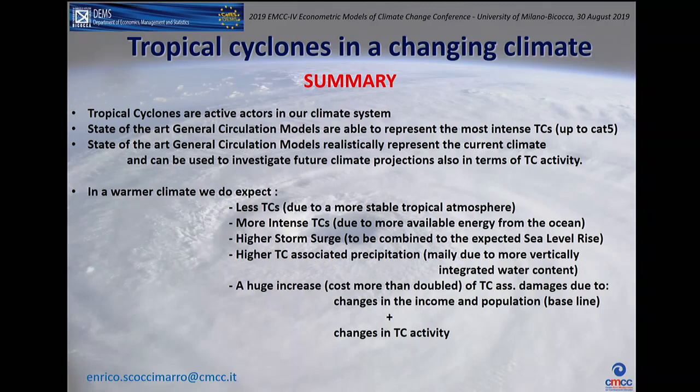This is true almost everywhere at the global scale over the tropics. And also we expect a huge increase of the costs associated to the tropical cyclones, due not only to the changes in the baseline, but also to the changes in the tropical cyclone activity, mainly due to the increase in the most intense storms.